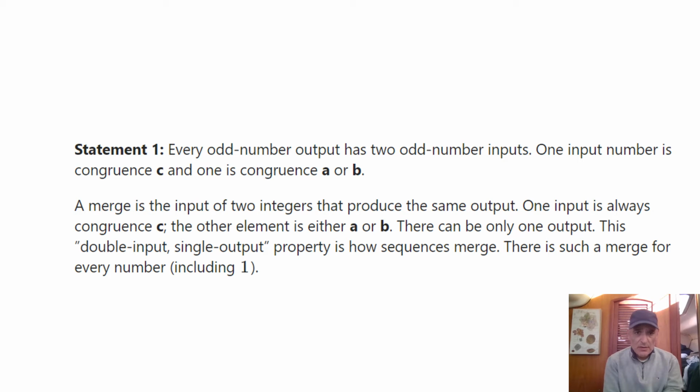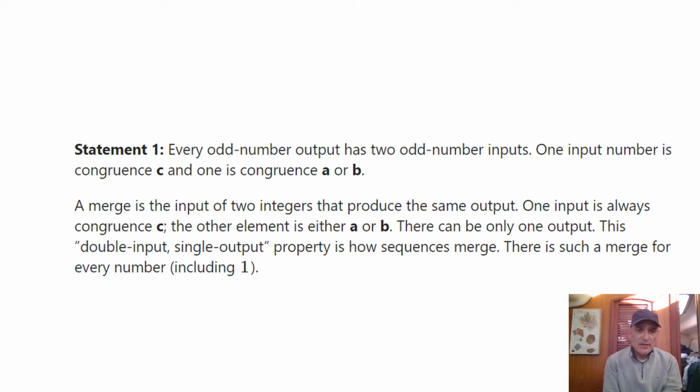And they merge because if you watched the first video, you would have seen that this class C, or set C, has every odd natural number, whereas A or B have subsets of those natural numbers.